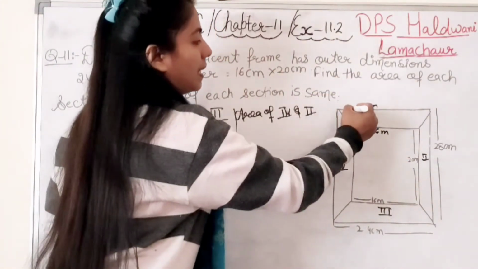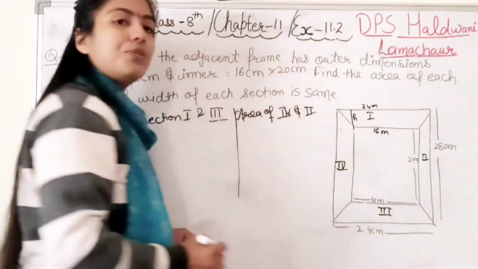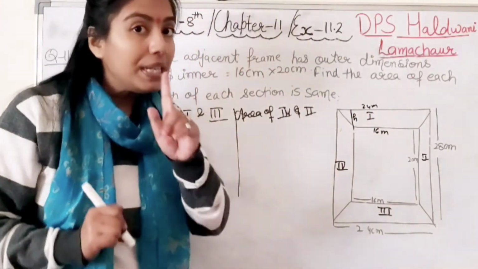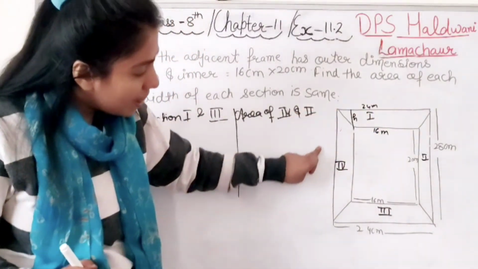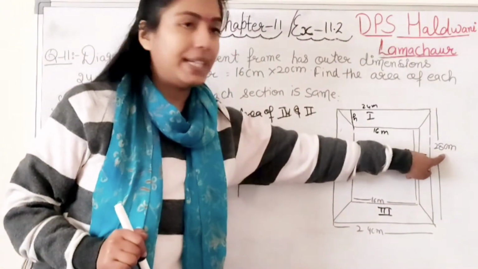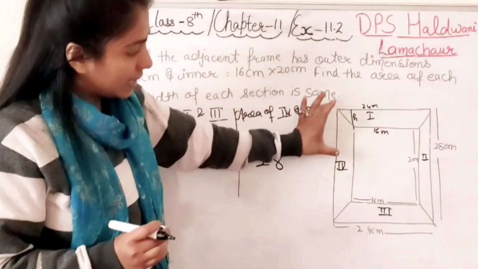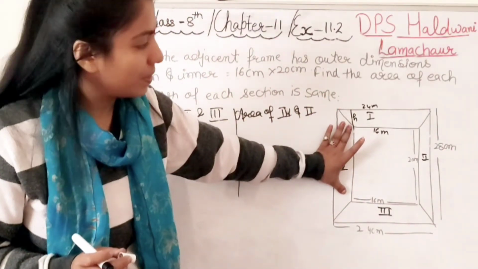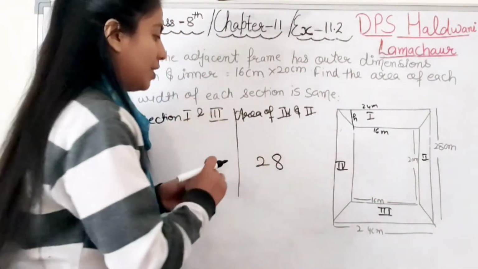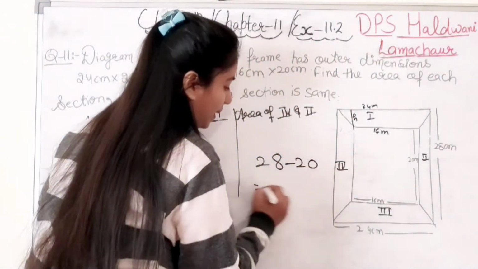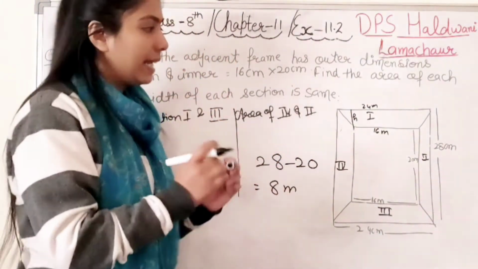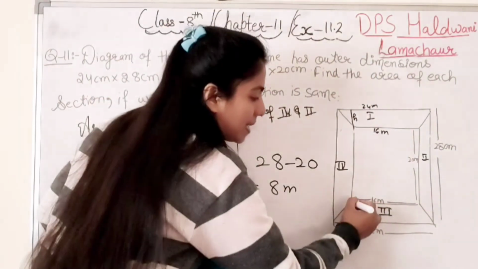What is h, student? This will be h. But the height is not given to you. Now understand carefully. This full height is given to you as 28. Full is given as 28, and this much, the interior, is also given as 20. So 28 minus 20 will be 8. So this 8 is this plus this.